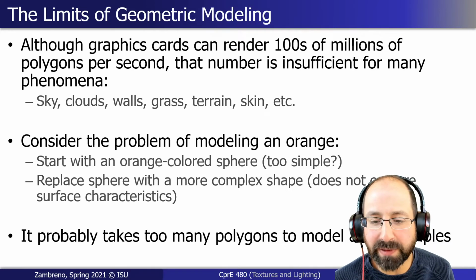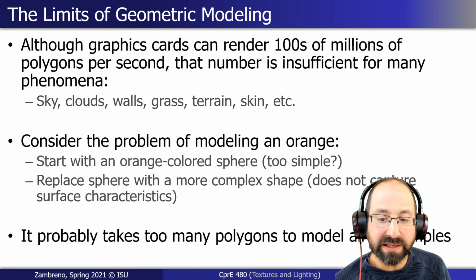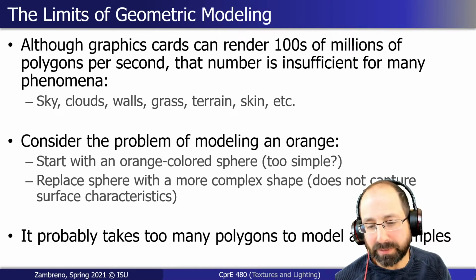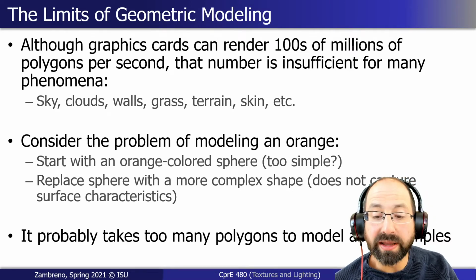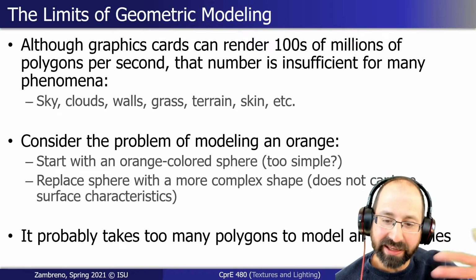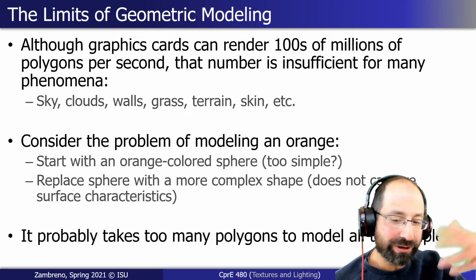So yeah, we could talk about bump maps. We'll get there. But even before we talk about bump maps, for the shapes themselves, there's a limit to what we can do with geometric modeling, I think. Given enough vertices and enough fidelity of a model, anything can be modeled, right? You can scan anything. In theory, you can 3D print anything.